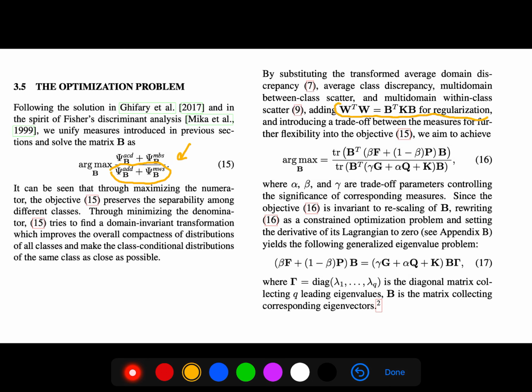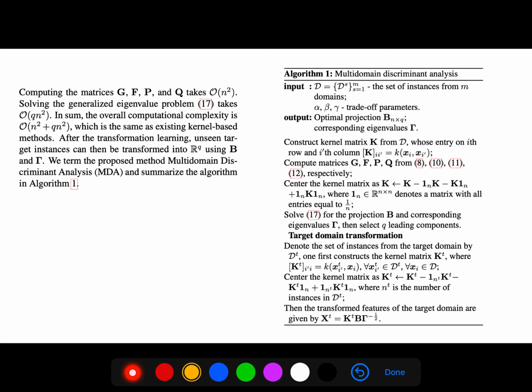Then we can transform our optimization problem to this one, which is easier because it is invariant to rescaling of B. Rewriting 16 as a constrained optimization problem and setting the derivative of its Lagrangian to 0, we have a generalized eigenvalue problem. I have a video about the generalized eigenvalue problem, so we can quickly solve this problem. So these are the inputs, and the output is the optimal projection B.